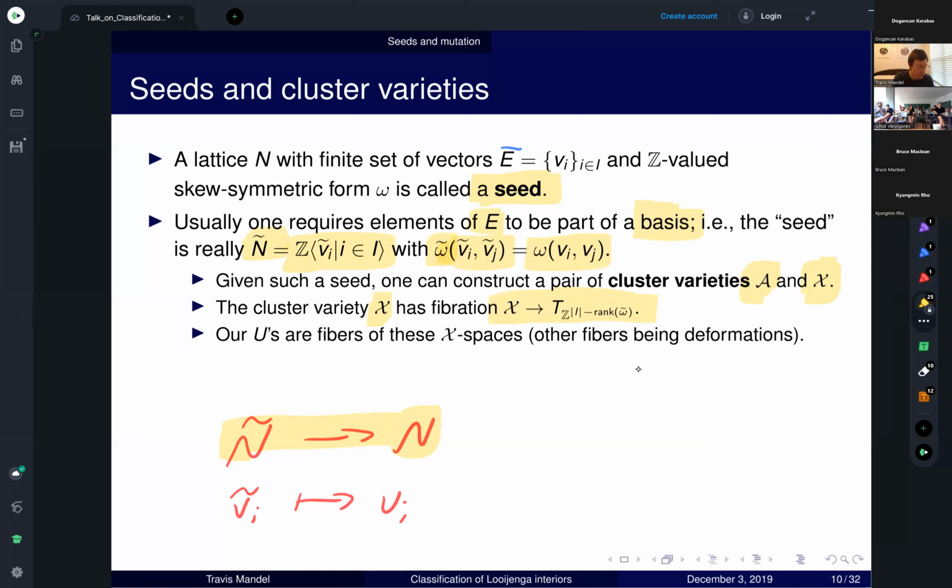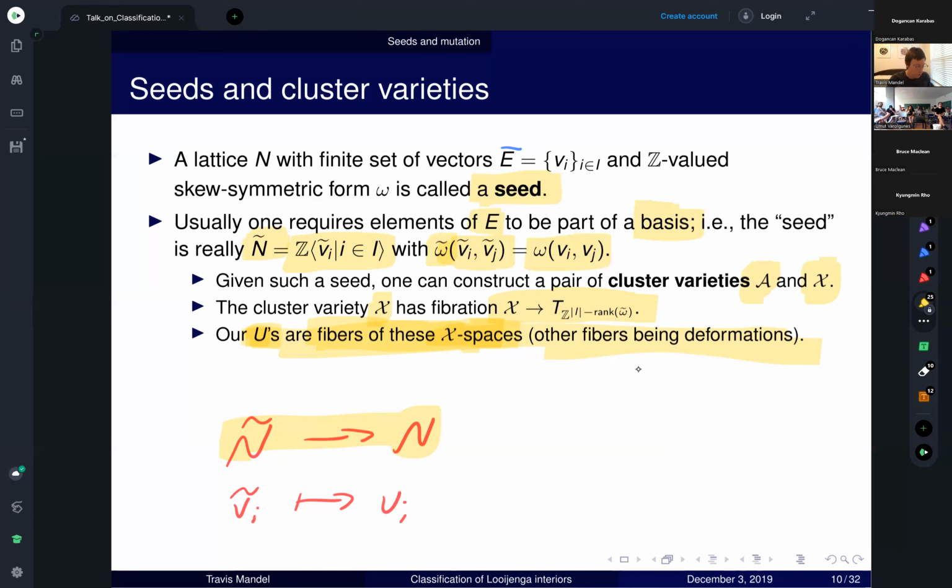If omega is rank 2, or omega tilde is rank 2, then the fibers of these X spaces over this torus will give you Looijenga interiors. You can actually view this X space as a sort of universal family of Looijenga interiors that are deformation equivalent to U. The different fibers just correspond to moving your blow-up points around or deforming the complex structure.